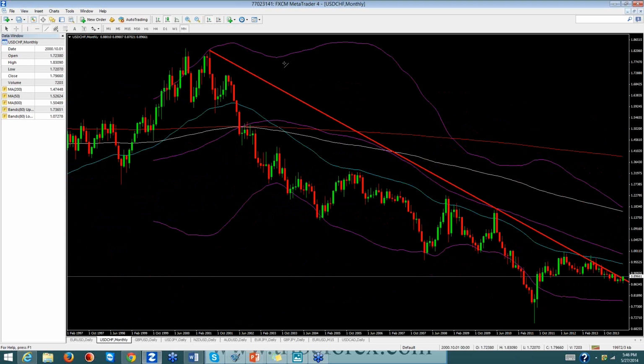See if there's something else there. I think it's right here. And this one came down just a bit lower, so we don't have a clear area of support, if you will, on the dollar Swiss.